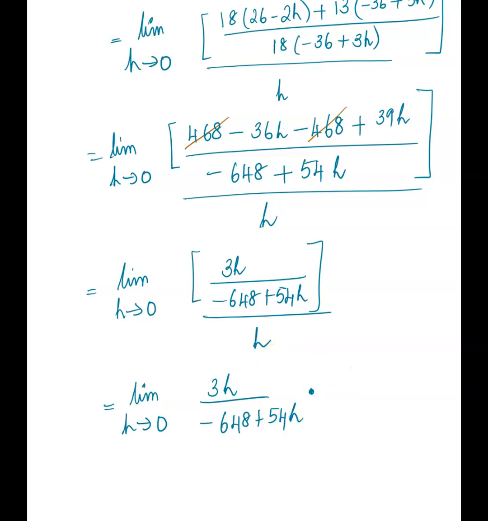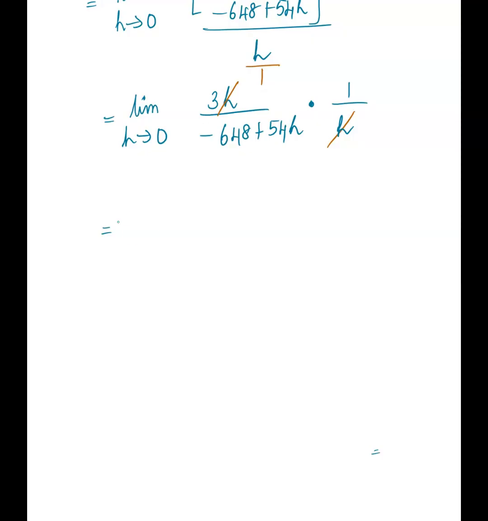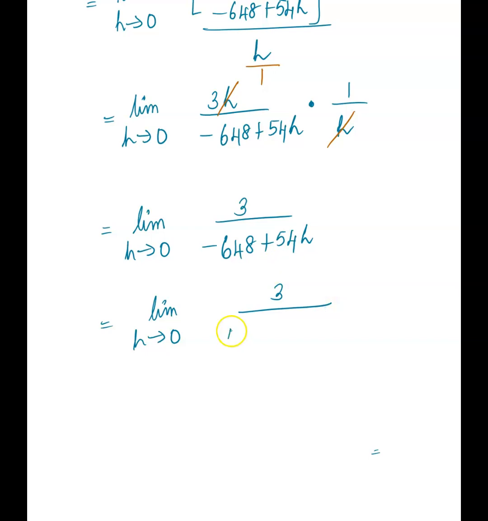This is h over 1, and we will flip that. The h's go away as expected. After cancelling out the h's, we have 3 over negative 648 plus 54h. And so I can pull out a 54 in the bottom. That gives me negative 12 plus h. And we know that the 3 and the 54 cancel, leaving 18.